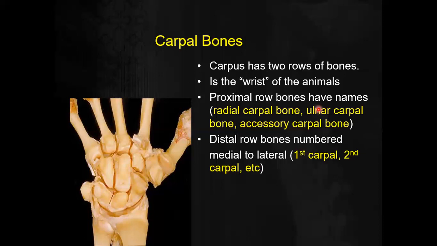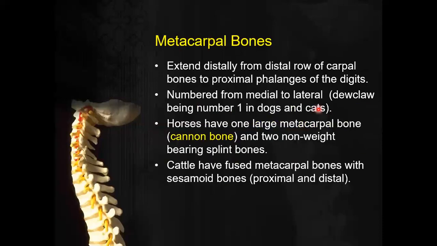Here we have our metacarpals, or beyond the carpus, meta meaning beyond. These are our metacarpals, and they coordinate with the distal row of carpal bones and our phalanges. How do we number? Medial to lateral.